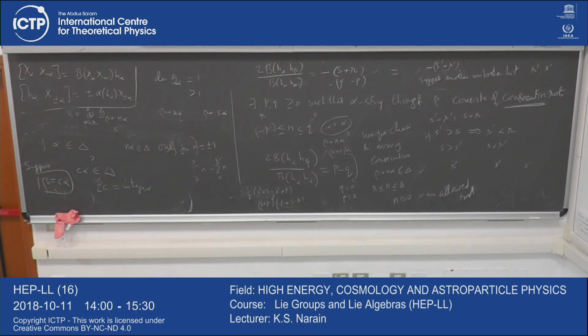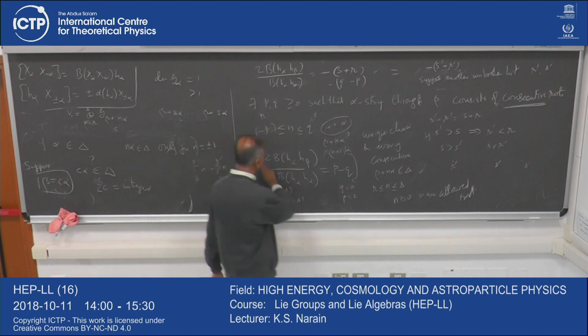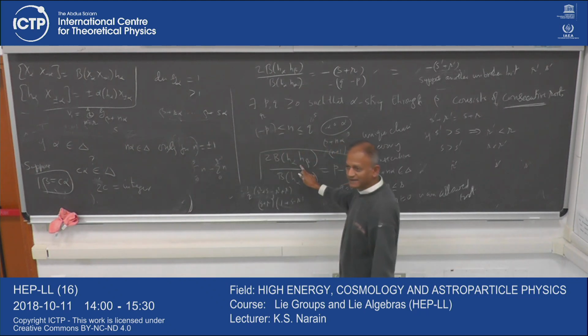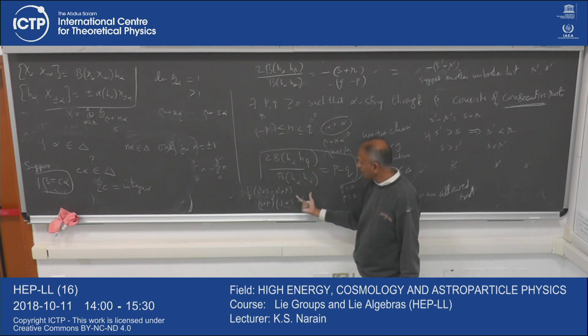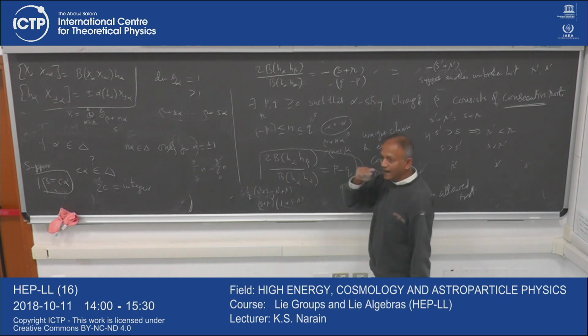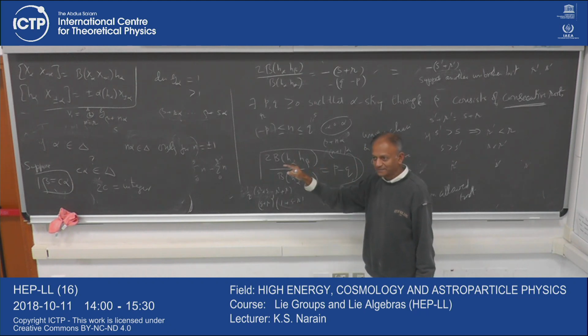That's one thing. Second, notice that this equation is not symmetric in alpha and beta. The numerator is symmetric in alpha and beta, but the denominator is (alpha, alpha). That asymmetry is there because we are considering the alpha chain through beta.